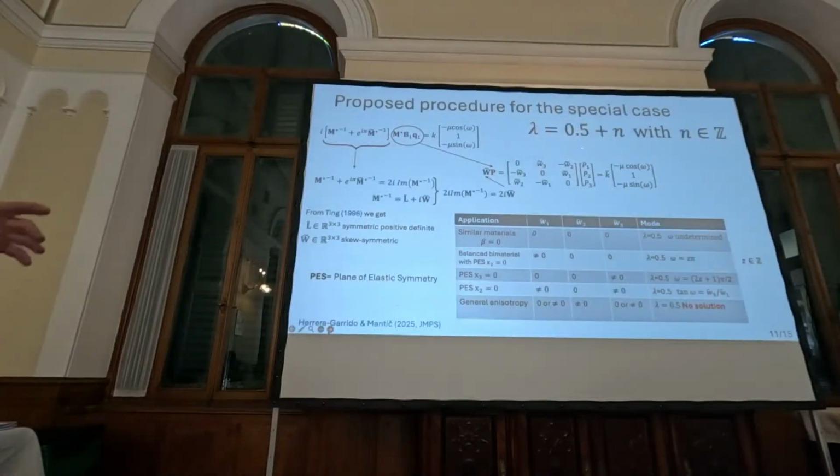For the particular case we skipped, if lambda is 0.5 plus n, some integer number, this matrix is not invertible, so it can be written, following a result by Ting, in terms of a symmetric positive definite matrix L and a skew symmetric matrix W. And this matrix equals, for this particular value of angle, 2 times the imaginary unit times W, which is a skew symmetric matrix.